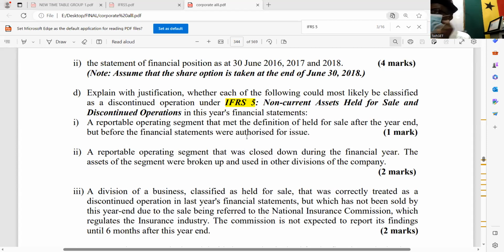This question covers IAS 10, IFRS 5, and a small part of IFRS 8 segment reporting, and it's going for 1 mark. They just tell us whether they have met it or not. We don't penalize whether they can classify as held for sale.